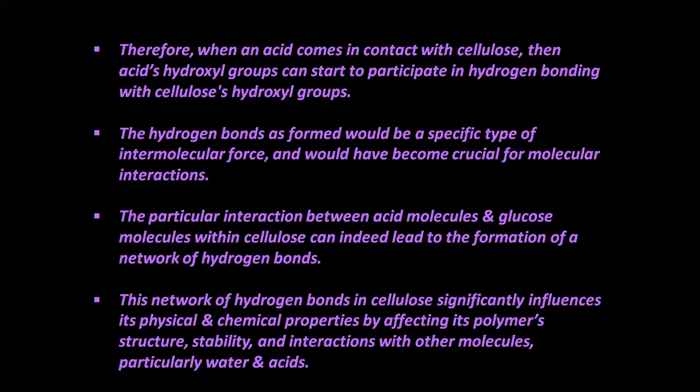The particular interaction between acid molecules and glucose molecules within cellulose can indeed lead to the formation of a network of hydrogen bonds. This network significantly influences its physical and chemical properties by affecting its polymer structure, stability, and interactions with other molecules, particularly water and acids.